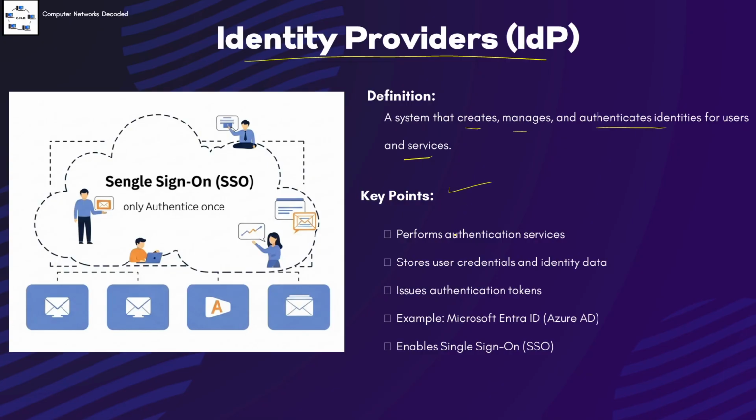Key points to consider here are that it performs authentication services, stores users' credentials and identity data, and issues authentication tokens. Examples of identity providers are Microsoft Entra ID, previously known as Azure AD, and it also enables SSO, or single sign-on. Single sign-on means that you log in only once through a single credential and then you can use multiple applications.